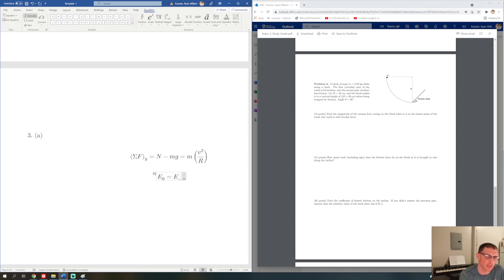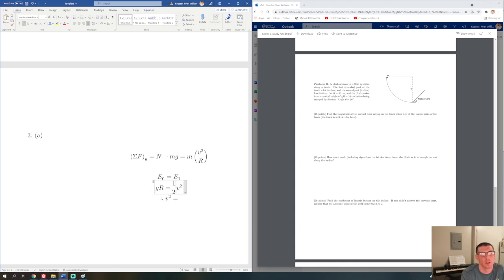So if we write this, we initially have just gravitational potential energy because it starts at rest, and this is converted into kinetic energy. And so this tells us that v squared, I'm not even going to solve for v here because I know that we need v squared for our net force equation anyway. Let me cancel the m, and we find v squared is just 2gR.